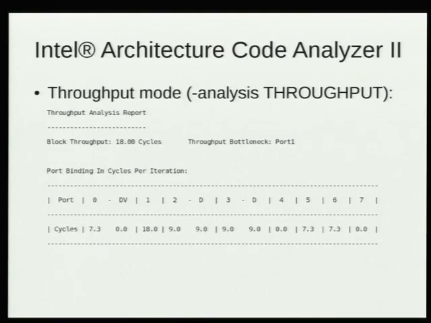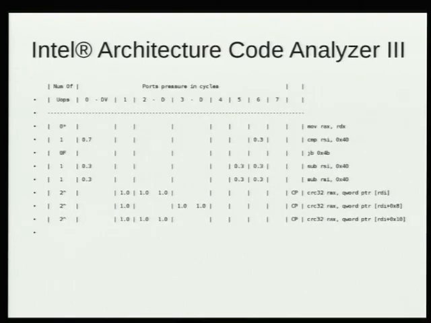Here you can see that basically every port is able to do anything, and the tool shows you which port the instructions are scheduled to, and how long the port is busy.